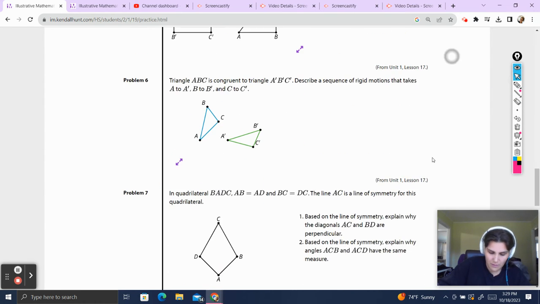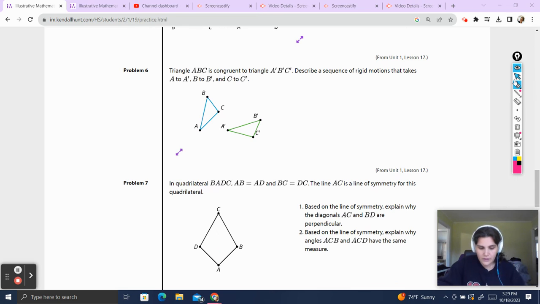Let's go on to problem number 6. Triangle ABC is congruent to triangle A prime, B prime, C prime. Describe a sequence of rigid motions that takes A to A prime, B to B prime, C to C prime. I'm going to do a very similar thing to what I just did. I'm going to take A and pop her on A prime. Now our triangle has shifted over, just like this.